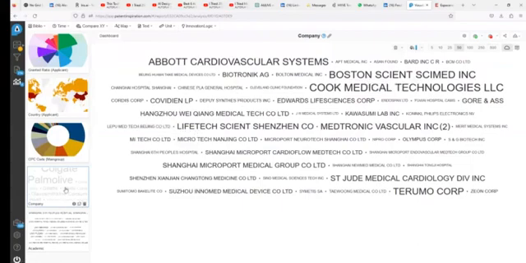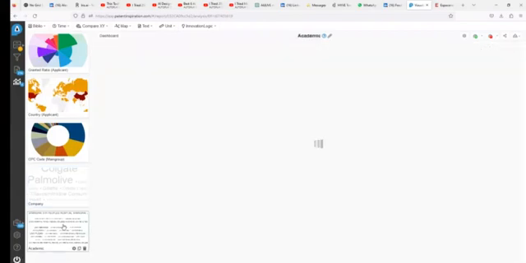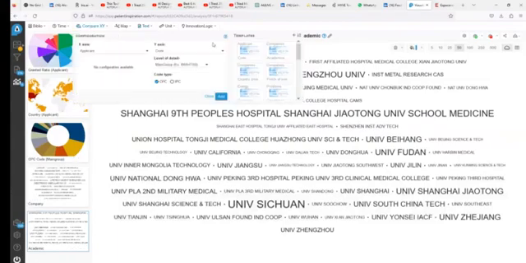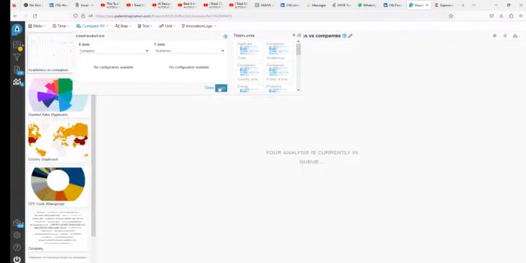Now, as you see, we have here company. We can also ask for academia. So these are all the universities and institutions. Or even you could say, let me see a graph between, on one side, the companies, and on the other side, the academics. In this way, you could see who is working with whom together.